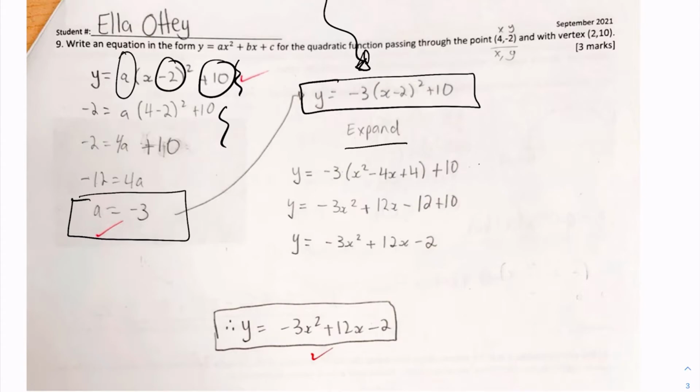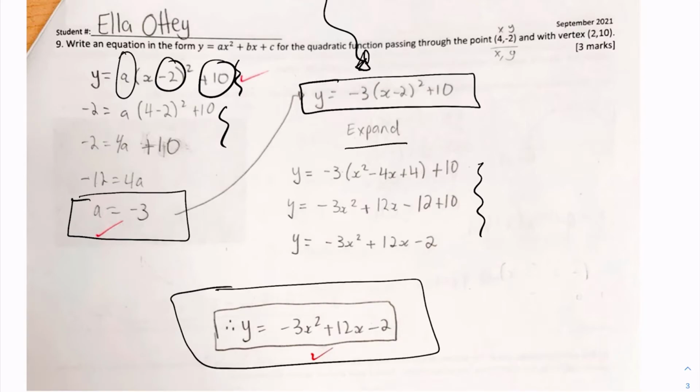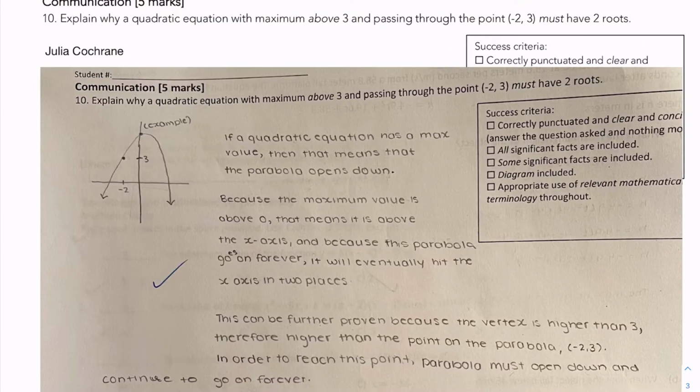Again, I'm not going to go through those details, and just writing it as a quadratic, which is what she has here on the end. So your a value is -3, your b is 12, and your c is -2. Again, quite easy once you make that connection of expanding your vertex form equation into standard form.